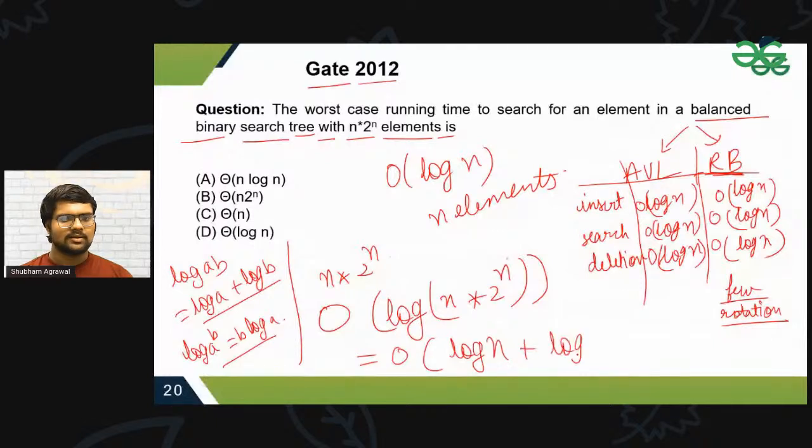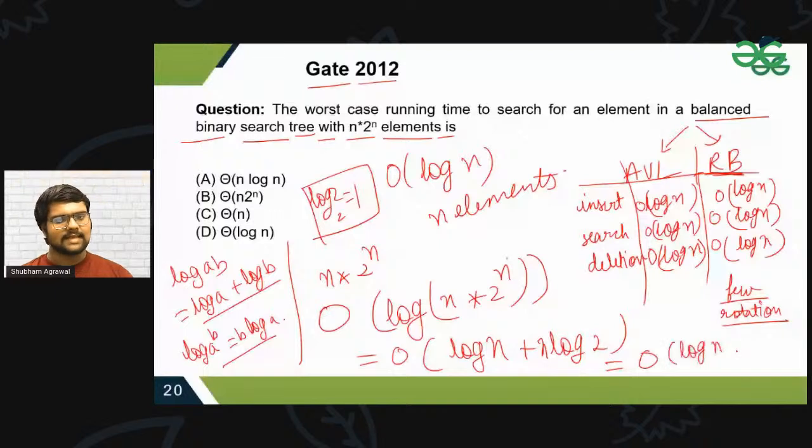The n will come down, and log 2 base 2 is 1, so it will be 1 into n, so it will be log n plus n. And we know that n is asymptotically higher than log n, so it will be order of n. So hence our answer for this will be C, and it is n. So order of n will be our answer.